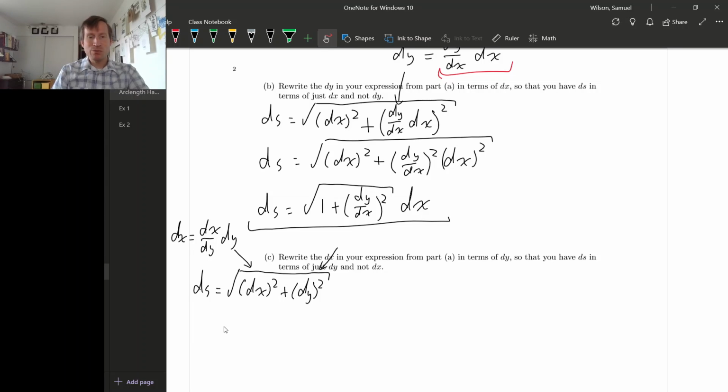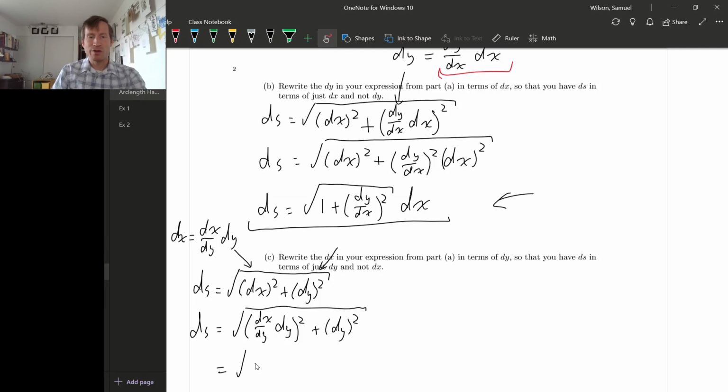So here we're sort of treating y like the independent variable instead of x. And if we put this in, we get ds is the square root of (dx/dy times dy) all squared plus dy squared. This looks very similar to what we got up in part B, so we can do the same sort of simplifying, right?